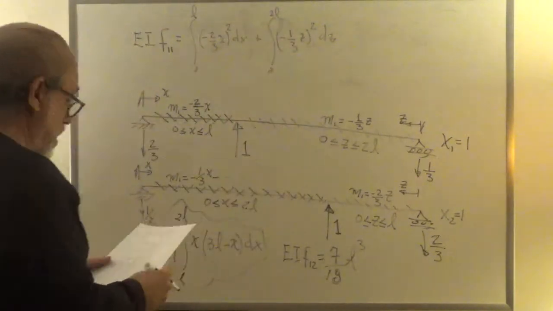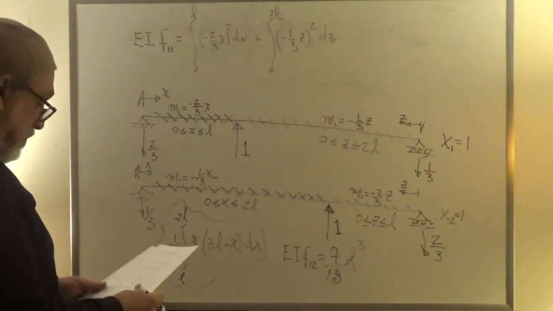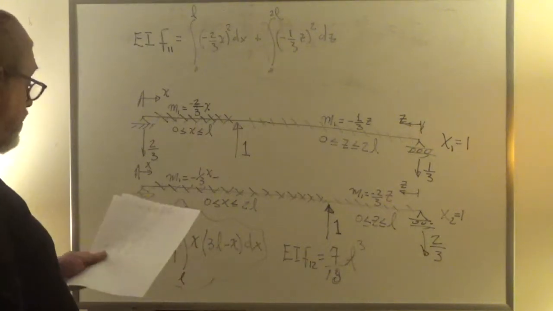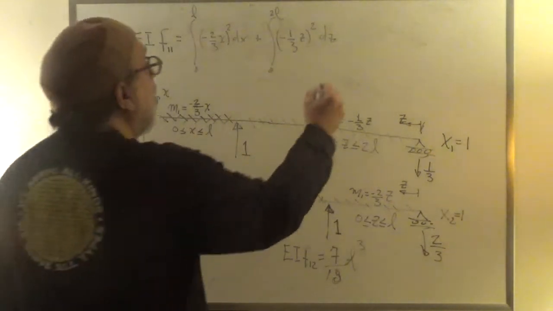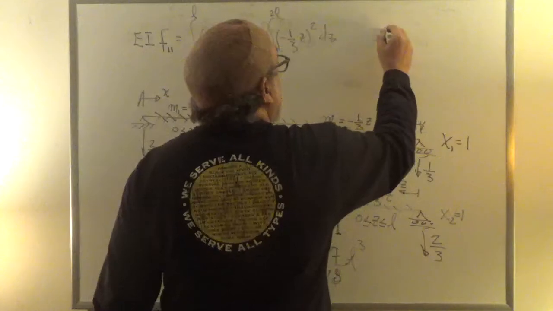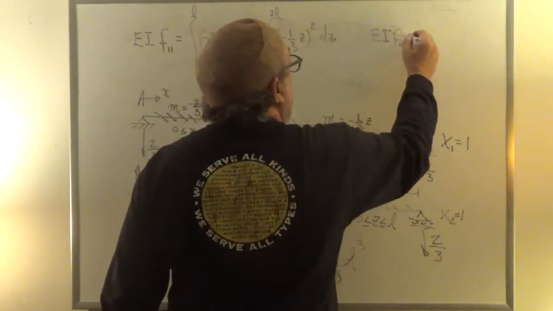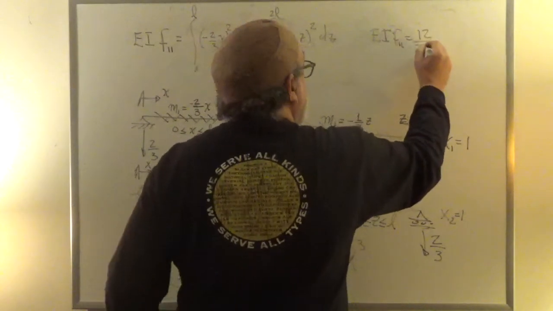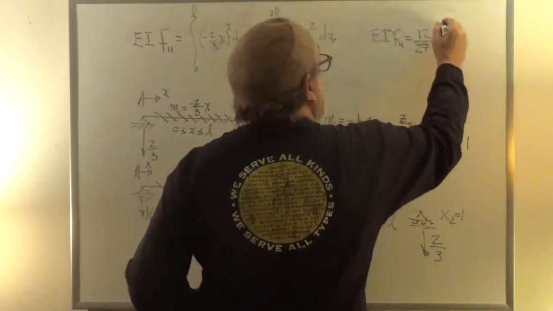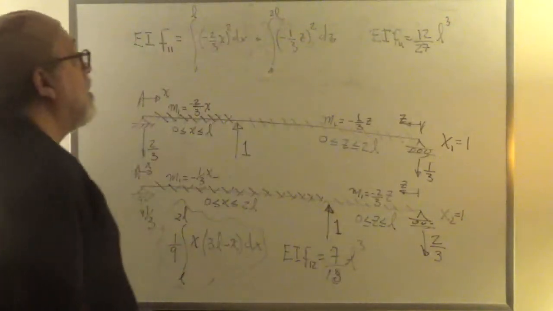And so that is going to give us F11, and it turns out that proves out to be 12/27. So EI times F11 is 12/27 of L cubed, right?